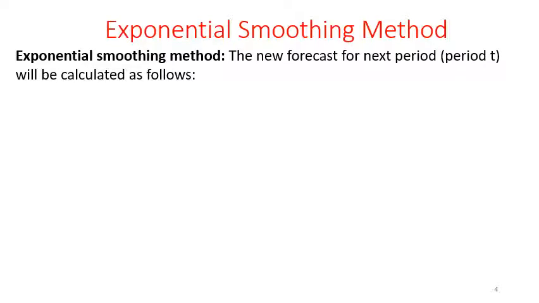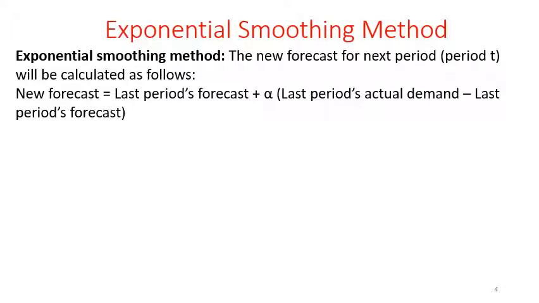Exponential smoothing is a quantitative type of forecasting method, as already been told to you. The new forecast for the next period, let us say the next period is denoted by small t, will be calculated as follows.